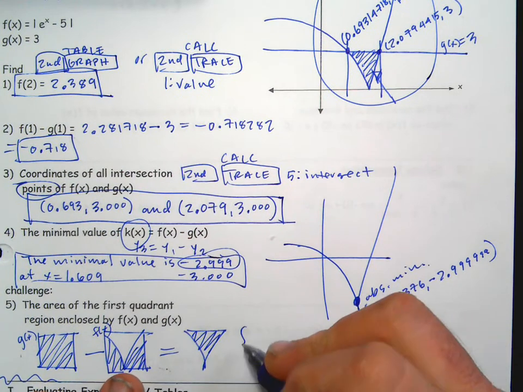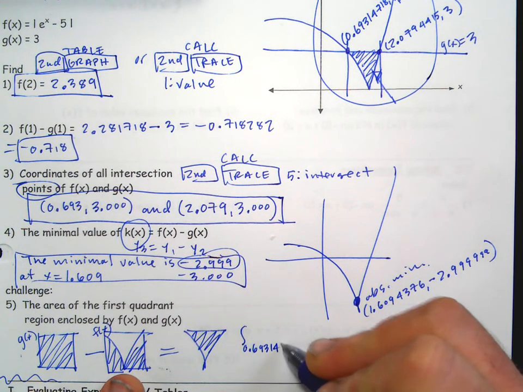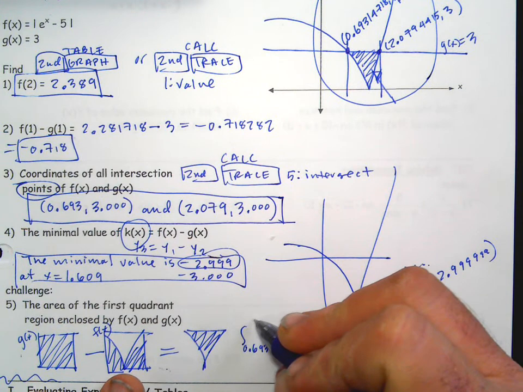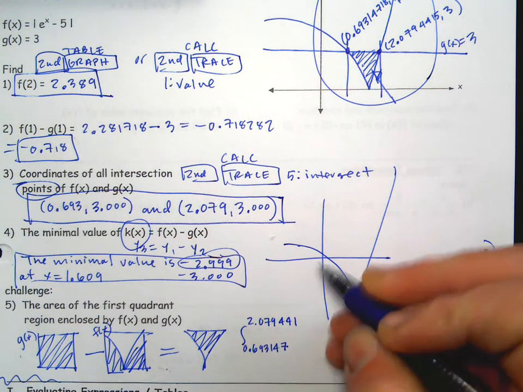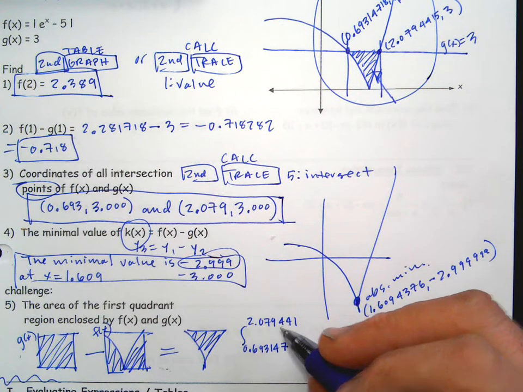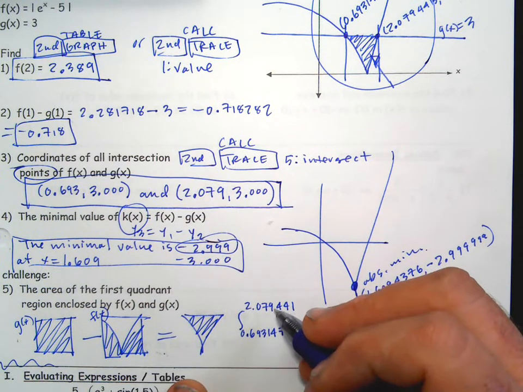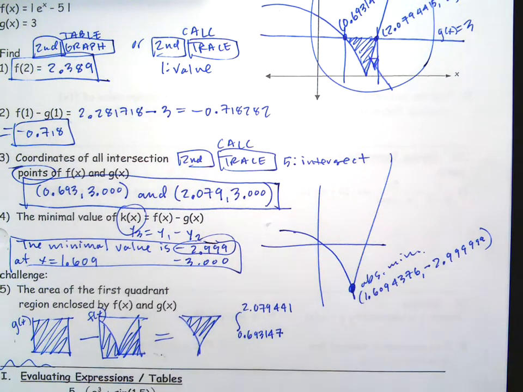So we're going to say 0.693147 to 2.079441. Carry a few extra decimal places in your work. If you don't, I'm taking off points. Do not round or truncate to 3 decimal places in the middle of your work. That's why I wrote all those numbers up there. It was just in case, and here's my opportunity.